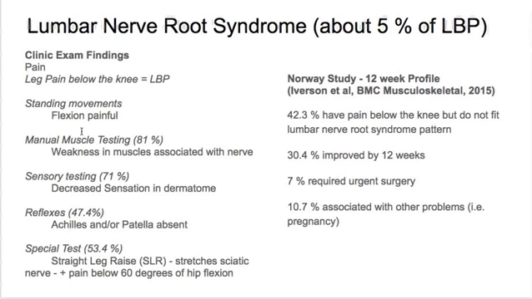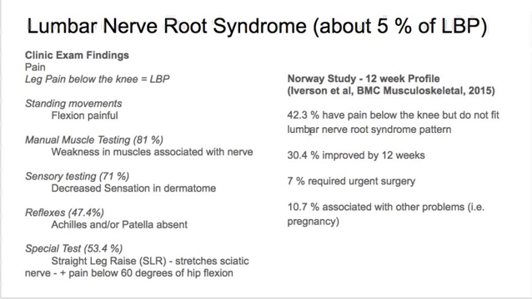Flexion is painful. There is weakness in the muscle that's associated with the nerve root, and a sensory deficit in the distribution associated with the nerve root. Reflexes are absent, either at the Achilles tendon or the patella tendon, and the straight leg raise is positive for pain below 60 degrees of hip flexion, and that's the key.